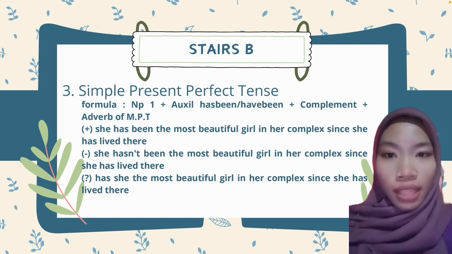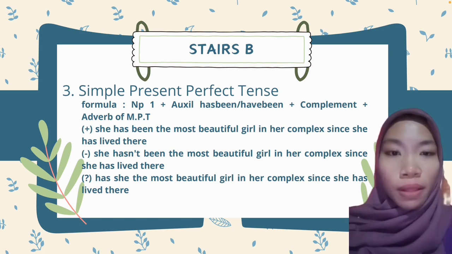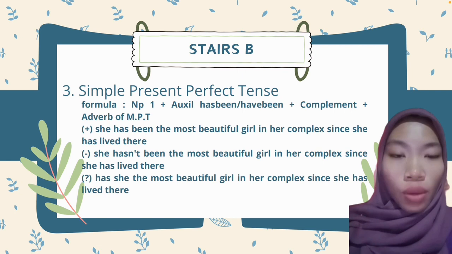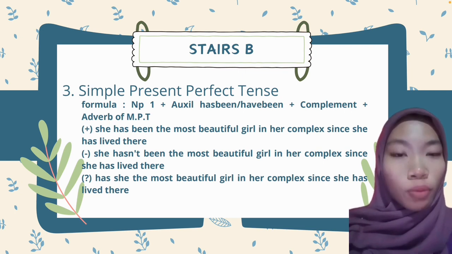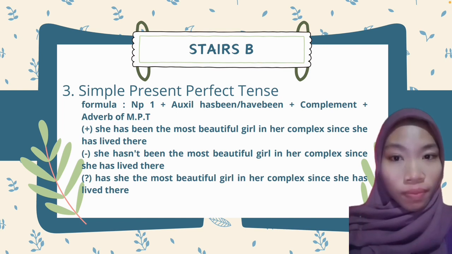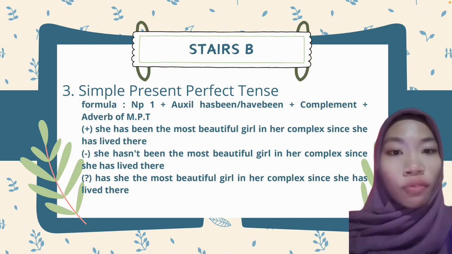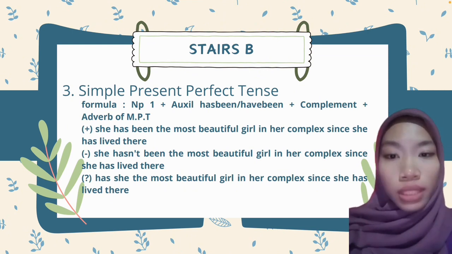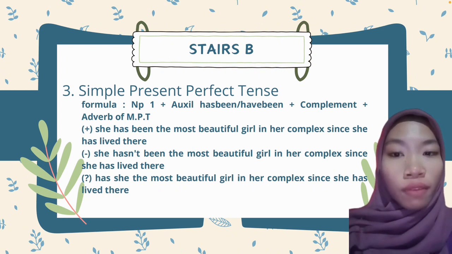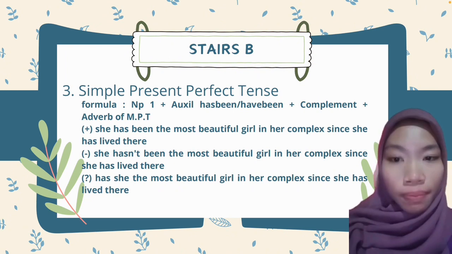Next is the steps of stairs B, simple present perfect tense, which are divided into positive, negative, interrogative too. First is positive. In this positive, using the same stairs as the initial stairs, consisting of noun phrase 1, auxiliary, complement, adverb of manner, place, and time.